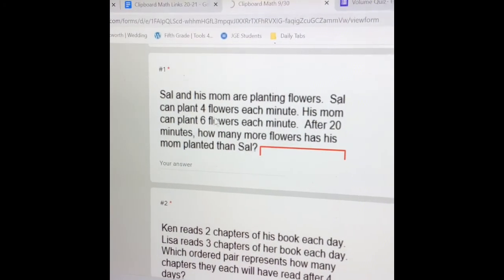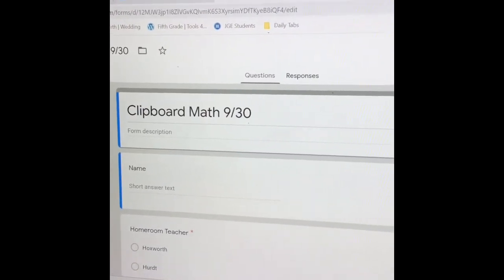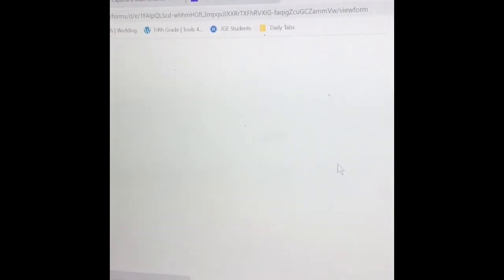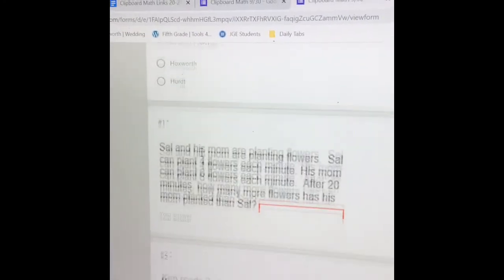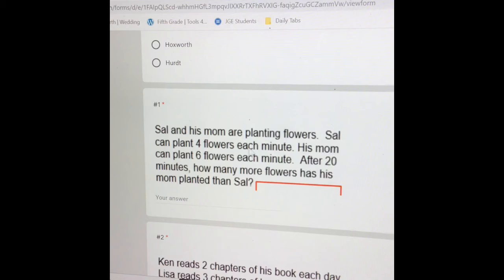Okay, so 4 flowers every minute, or each. That keyword each tells me I'm multiplying.